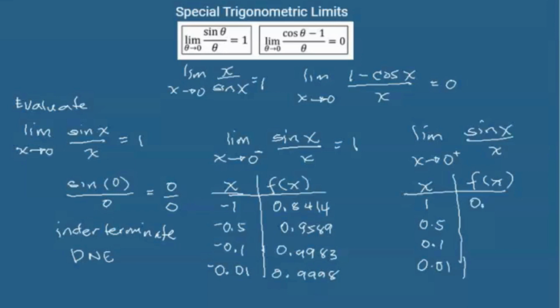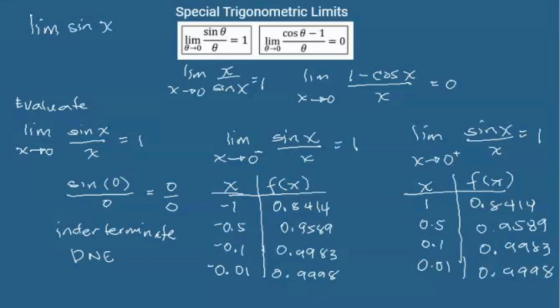By doing that, we'll get 0.8414, 0.9589, 0.9983 and 0.9998. So again, this is also equal to 1. Therefore, the limit of sine x over x as x approaches 0 is equal to 1.